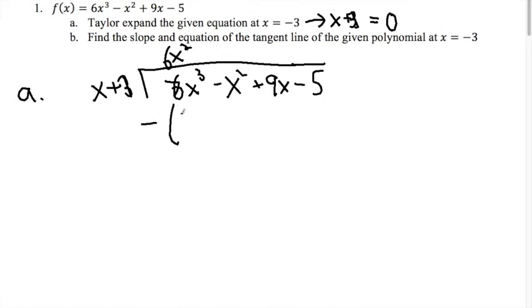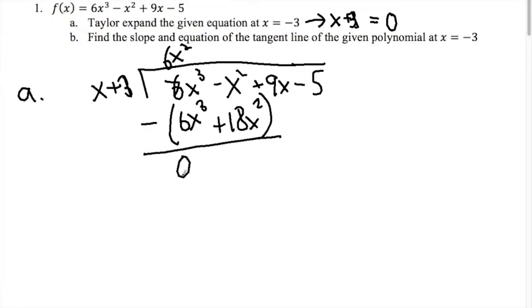So you would write 6x cubed plus 18x squared, which once you distribute the negative gives a 0, which you disregard, and minus 19x squared.